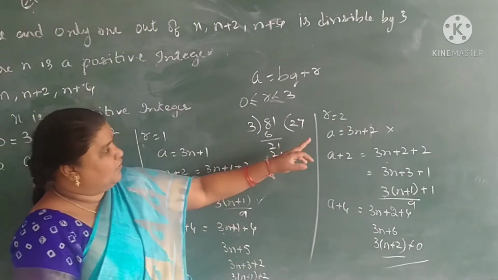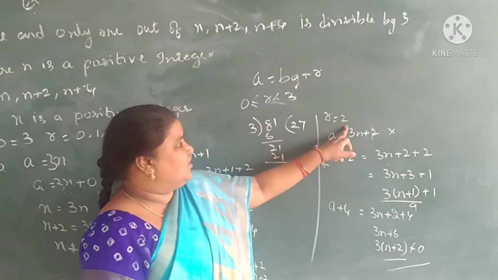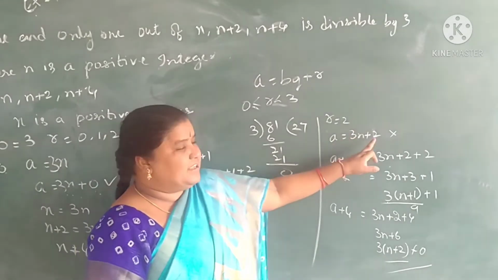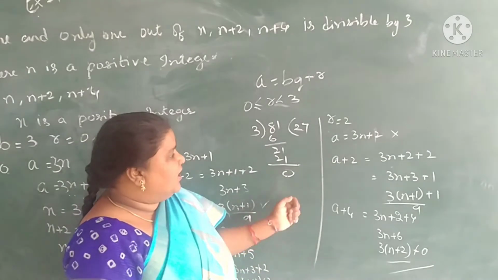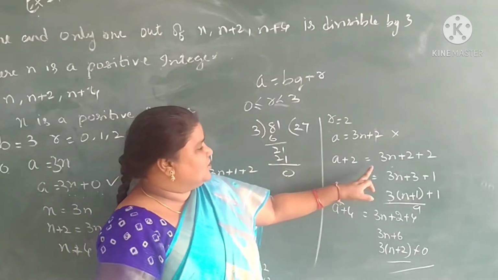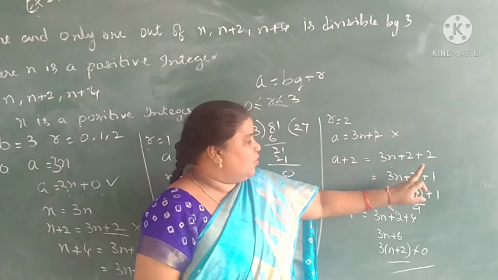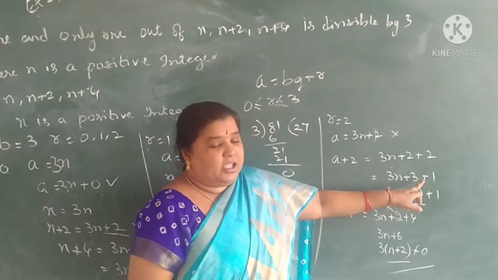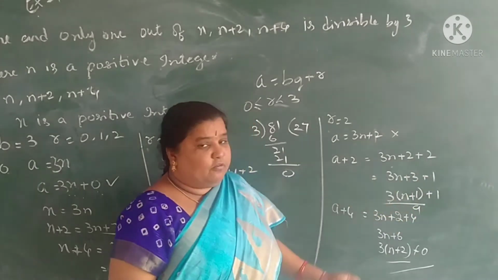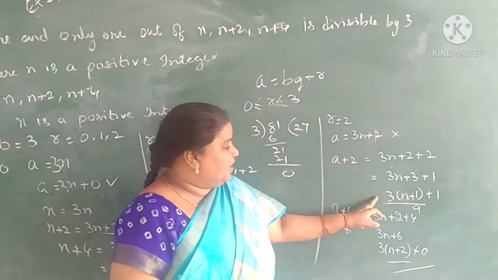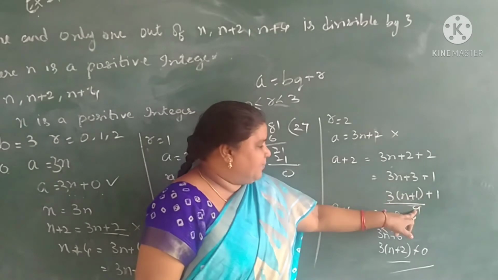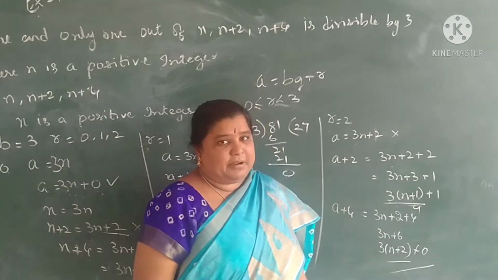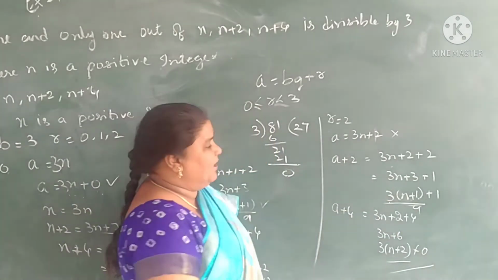Now in case 3, r is equal to 2, so a is 3n plus 2. Already we are getting 2 as the remainder, so it is not divisible by 3. Then a plus 2 is 3n plus 2 plus 2, which is 3n plus 3 plus 1. Taking 3 common, we get n plus 1 and the remainder 1, so it is also not divisible by 3.